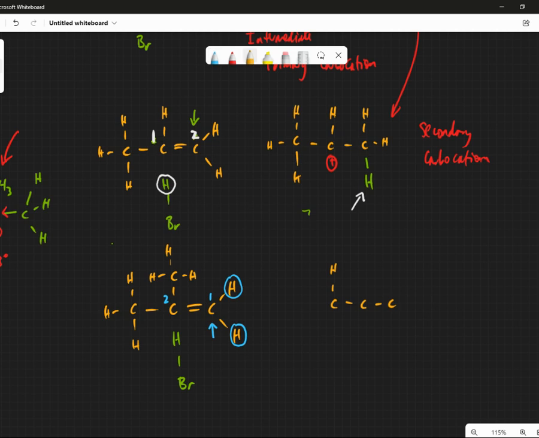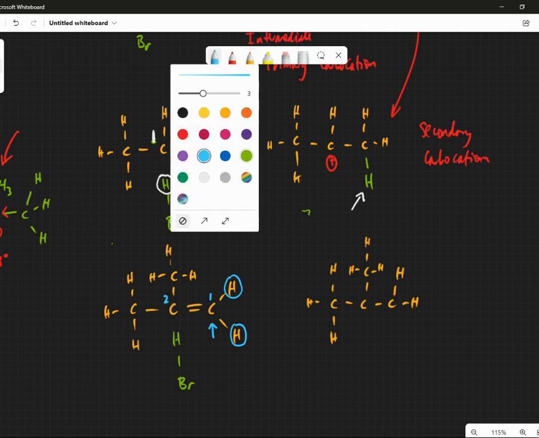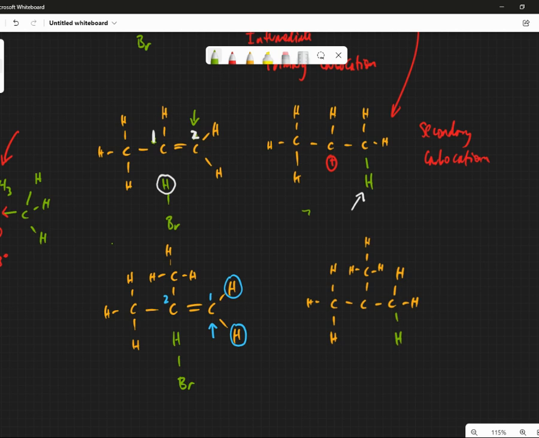So I'm going to draw the intermediate here. There's the intermediate, and it attaches to carbon number one. Now, if that's the case, then the positive charge must be there, and this is the carbocation.